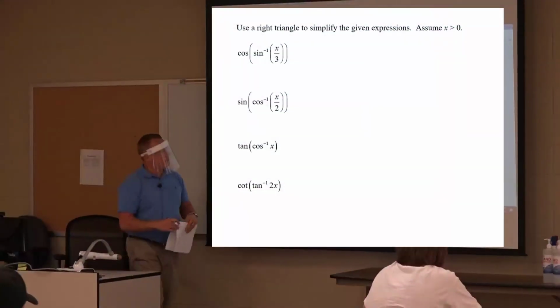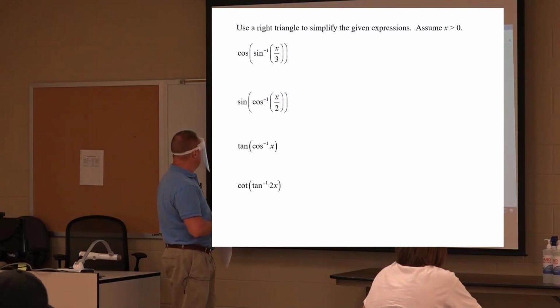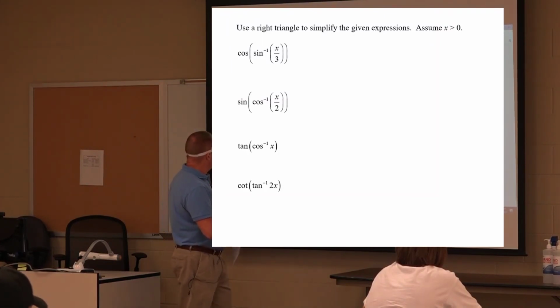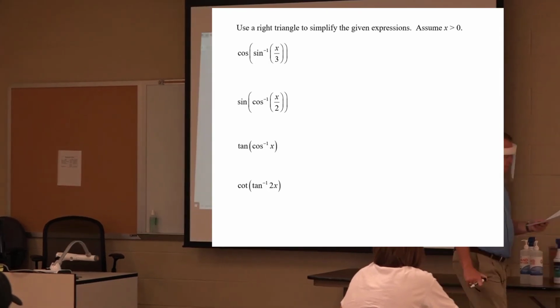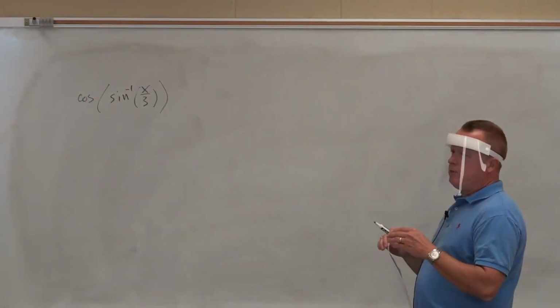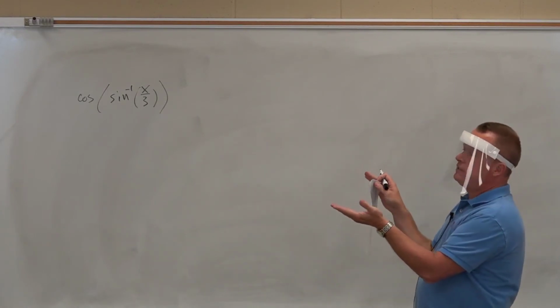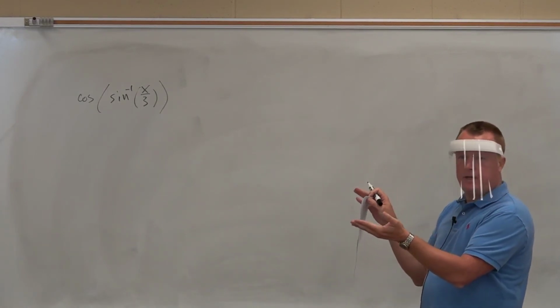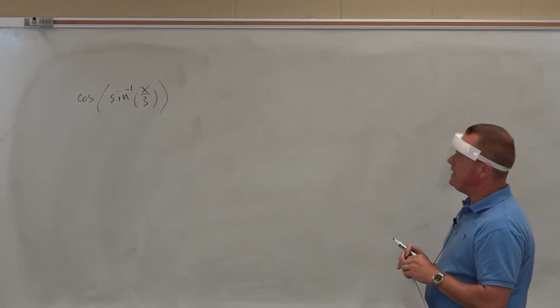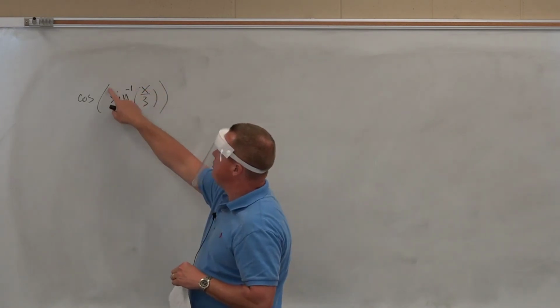Use a right triangle to simplify the given expressions. Let's just pick a couple of those. Let's do that first one there. We want to figure out what expression that is equal to, given what we're given. So when it says the inverse sine of x over 3, what does this represent right here?